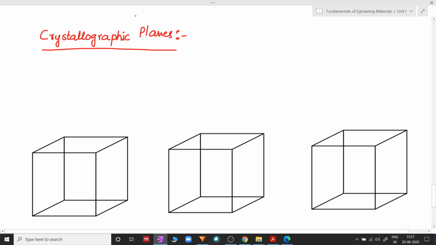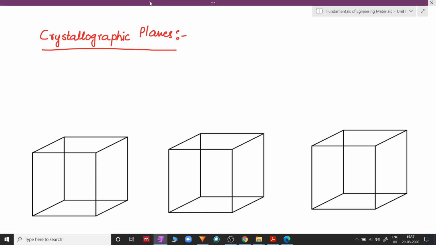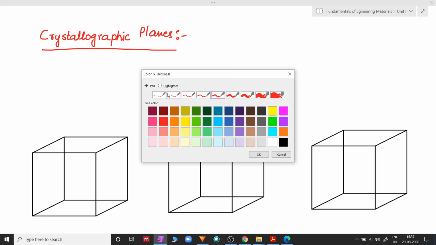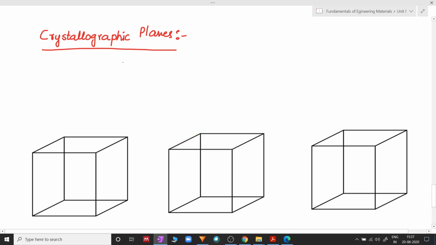The crystallographic planes are represented by round brackets like this, and whatever values are written in this round bracket are called Miller indices.